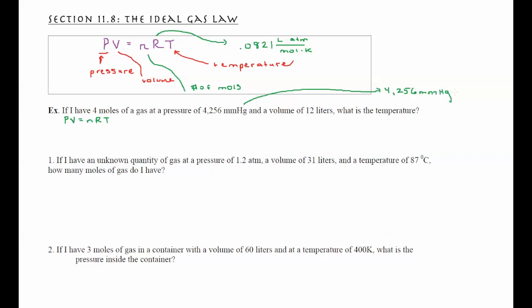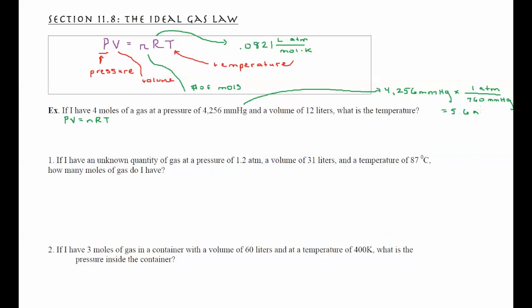I need to get into atmospheres, so I'm going to crisscross. For every 1 atmosphere, there are 760 millimeters of mercury. And so what you need to do is divide. When I divide 4,256 by 760, I get 5.6 atmospheres.